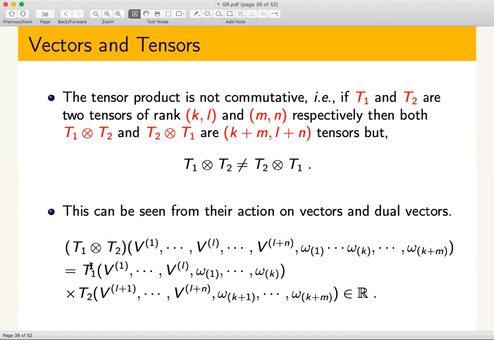So this object will give you a number when both these conditions are satisfied: L plus N vectors and K plus M dual vectors.